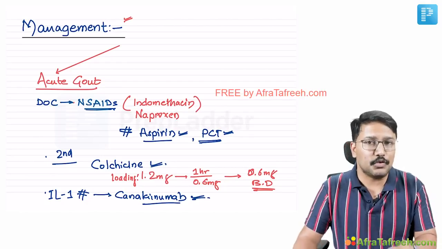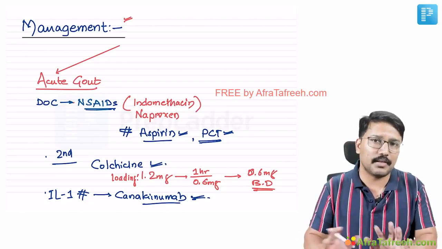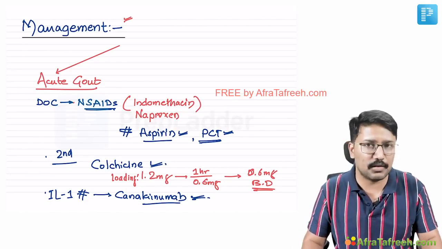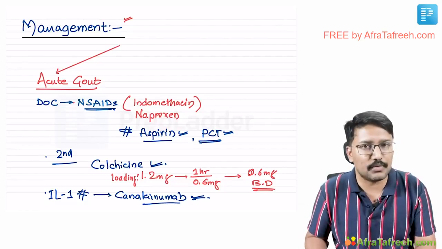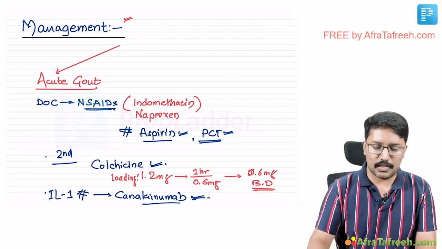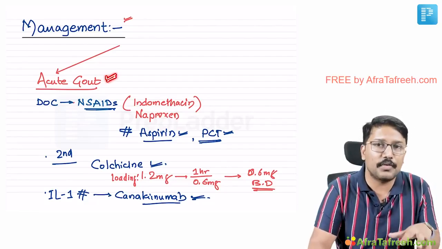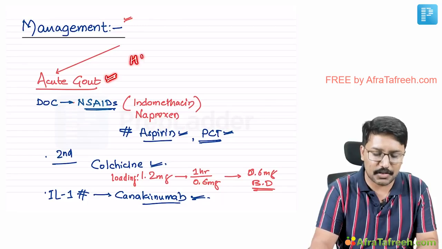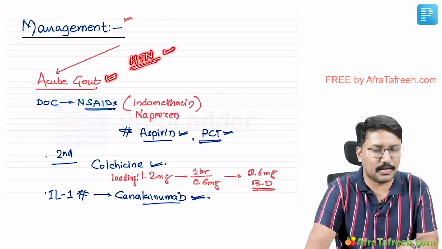Now comes the question, should we try to give them uric acid lowering therapy after they recover from the acute gout? Yes, definitely during the acute gout, we don't use uric acid lowering therapy, but after they have made a recovery, can we use it? The consideration depends on various factors. So if the patient with acute gout had manifestations of hyperuricemia elsewhere, like hypertension, yes, you can think of treating them.